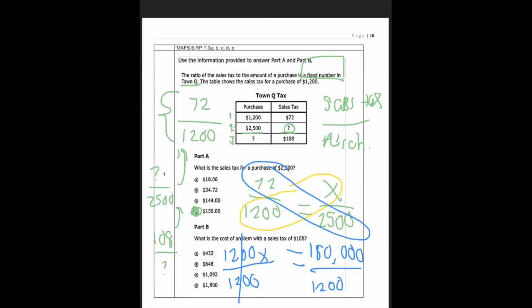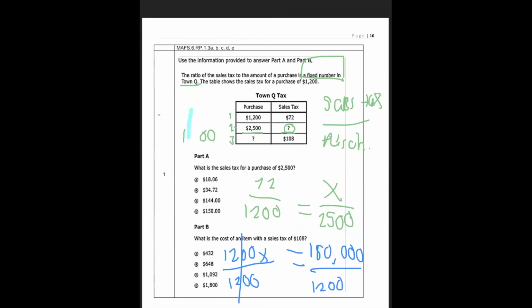It's something new if you haven't seen it before. It is a new way of solving. Basically, and this is going to be the rule every time you see it: if you have two fractions that are equal to each other, and there's some part of the fraction that you're missing, it can be x, it can be y, it can be another variable.